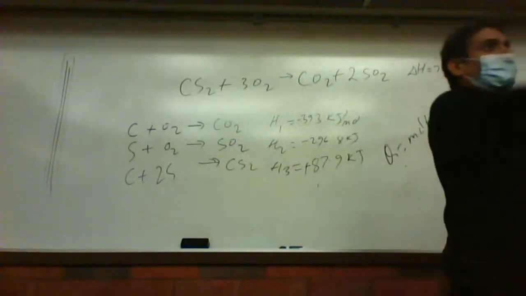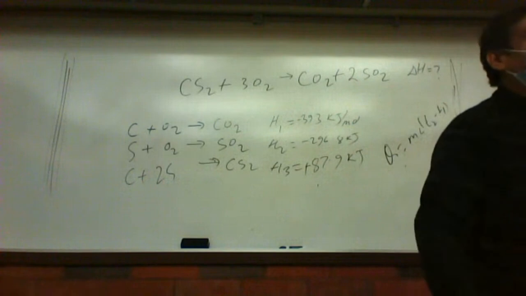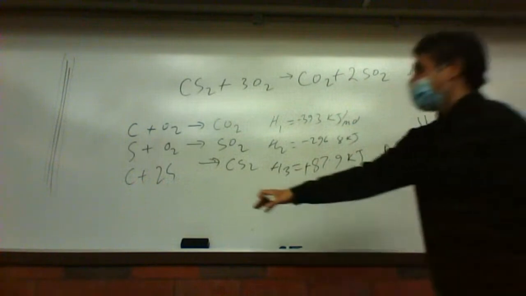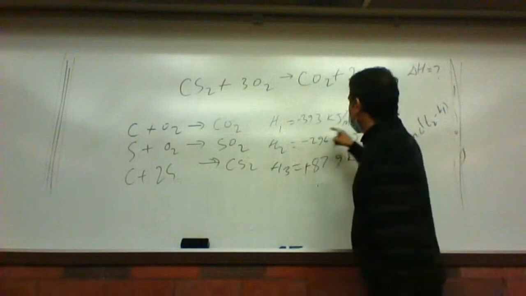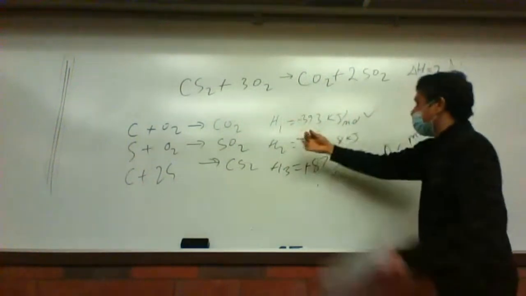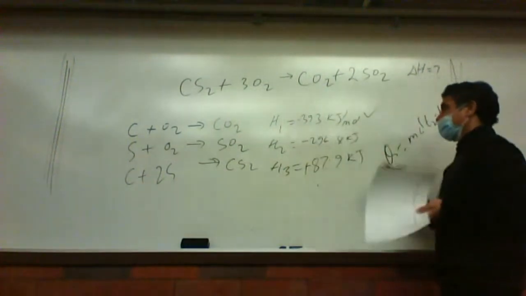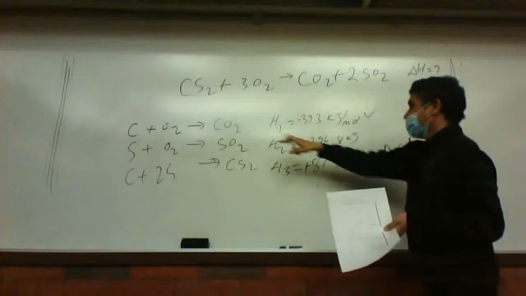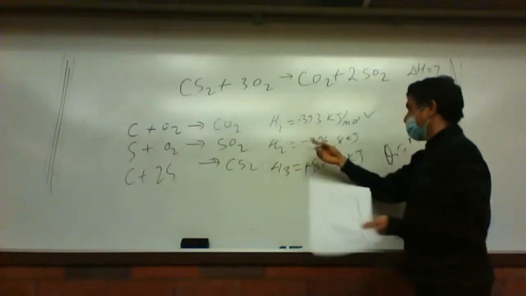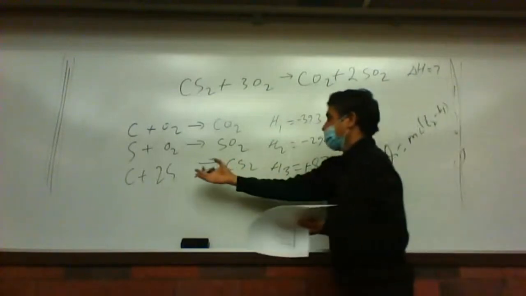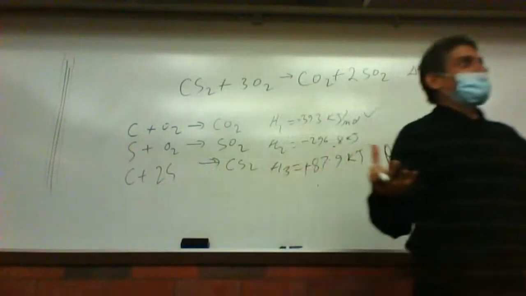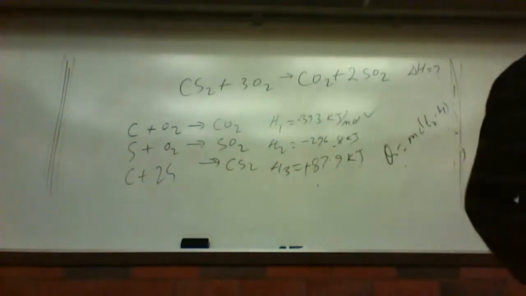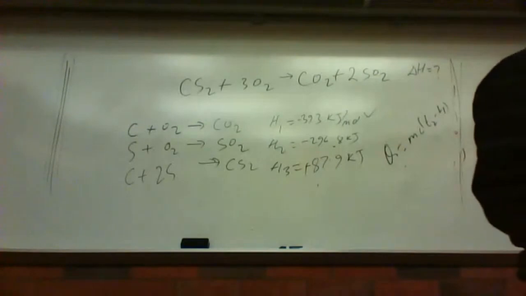I need to burn something outside and put that heat there, and only then can I do this reaction. Make sense? So this one is working as fuel because its heat is given out. I burn the carbon and it gives out this heat. And sulfur is also working as a fuel, giving heat out. But for CS2, this is not working as a fuel. Like if I need to boil water, I need to provide the heat from outside, right?